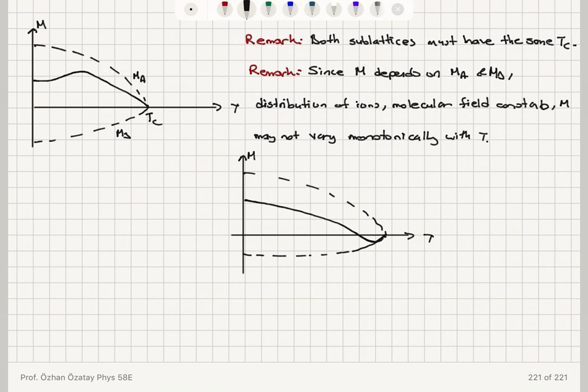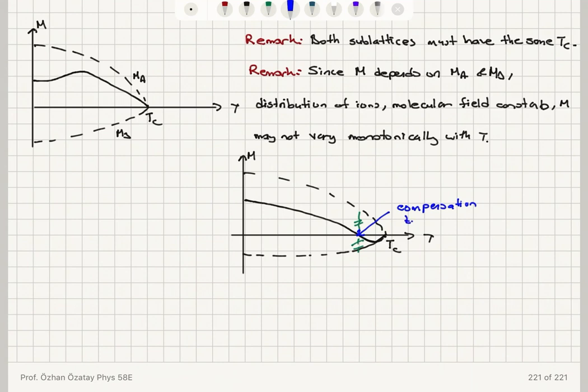So we may find that at some point here these two are equal, although on this figure they don't seem to be equal, but let's assume that they're equal. And we have two 0 points in the magnetization, and this point where I have the first 0 is called the compensation temperature.